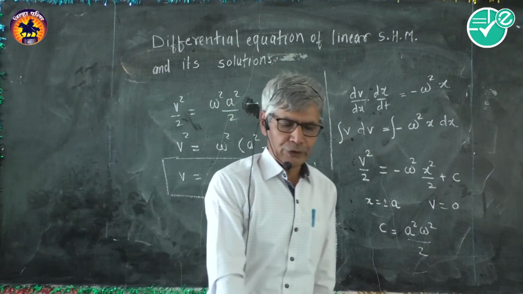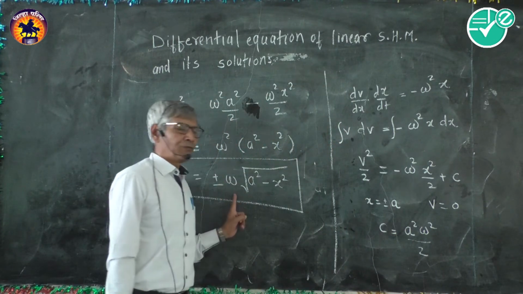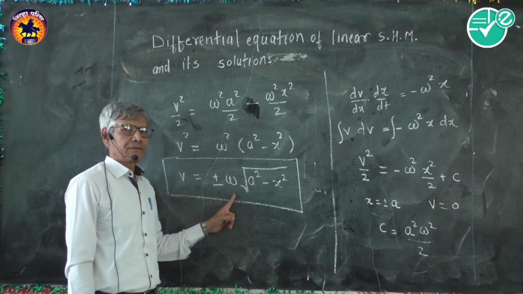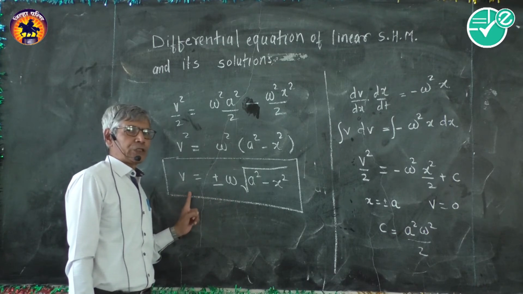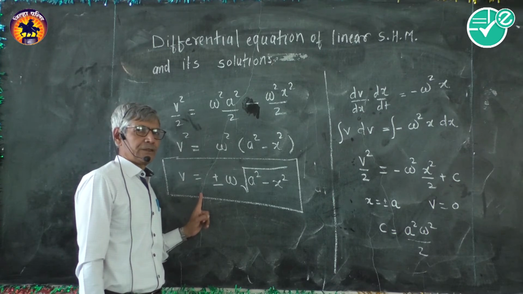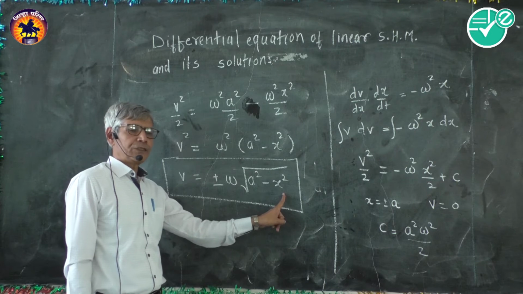This is the first solution of the differential equation, and it represents the expression for the linear velocity of the particle whenever the particle is at a distance x from the mean position.